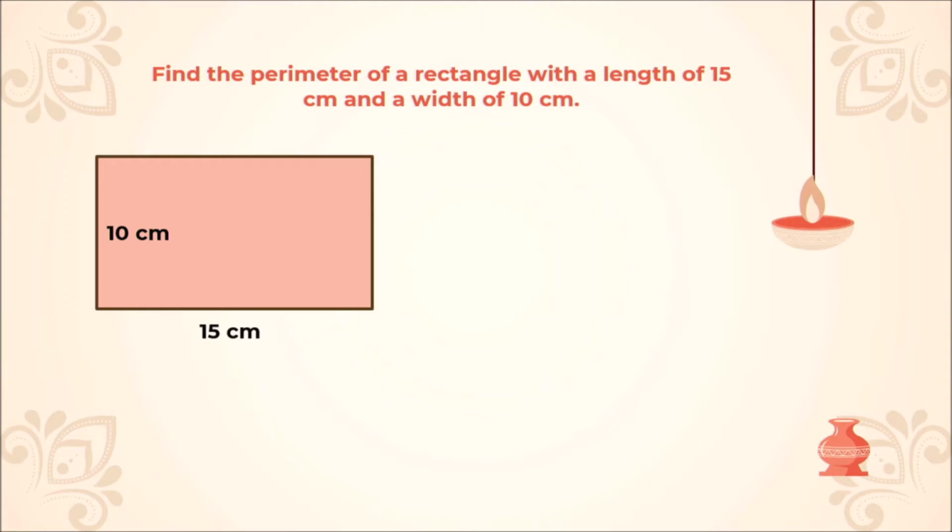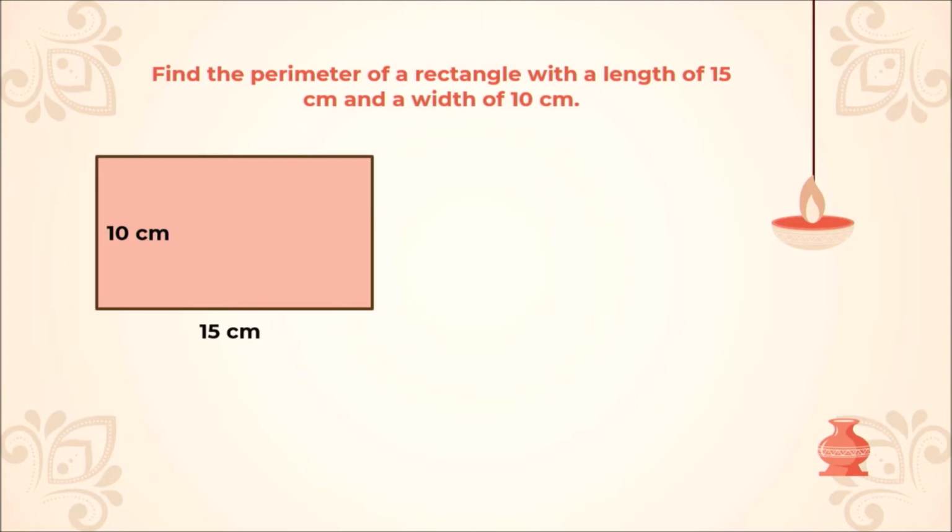Always remember, kids, a rectangle has 2 long sides and 2 short sides. Its perimeter can be obtained by adding the measurements of the 2 long sides and the 2 short sides.